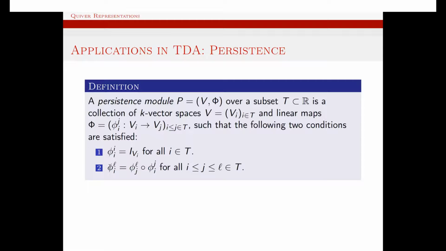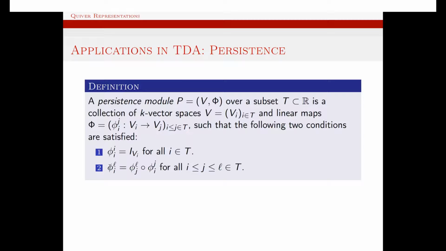And so a persistence module over some subset T is the collection of k vector spaces for each element of T and linear maps between these spaces such that the following two conditions are satisfied. So the map from a point to itself is the identity, and then the map from i to l is equal to the map from i to j composed with j to l, assuming we have i is less than or equal to j is less than or equal to l.